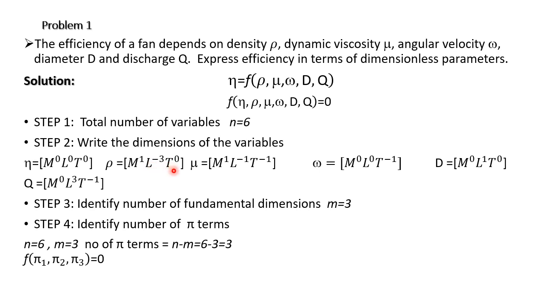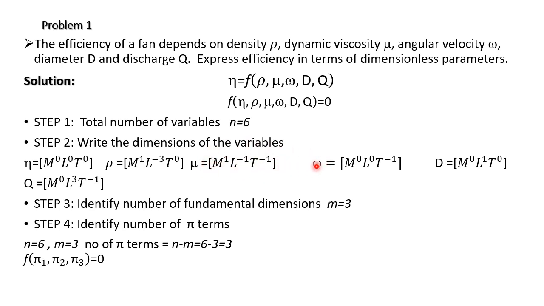Next one, dynamic viscosity. The unit of dynamic viscosity is Pascal second, or you can also call it Newton second per meter square. Once you simplify, you get the dimension as M to the power 1, L to the power minus 1, T to the power minus 1. Next one is angular velocity, radians per second.